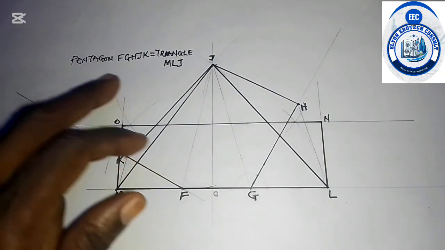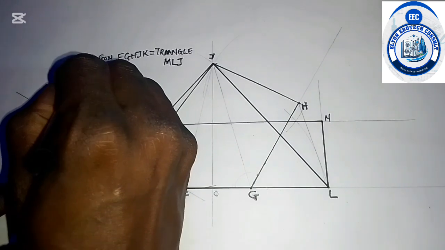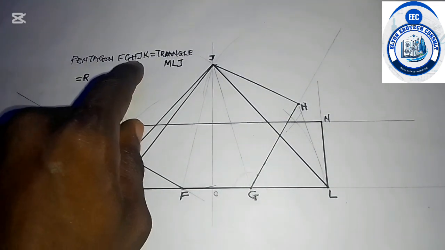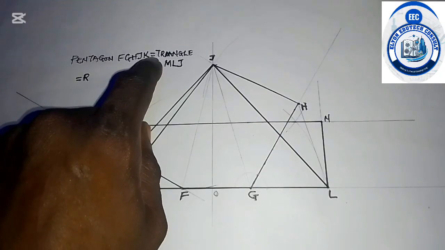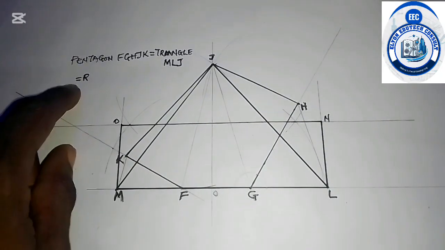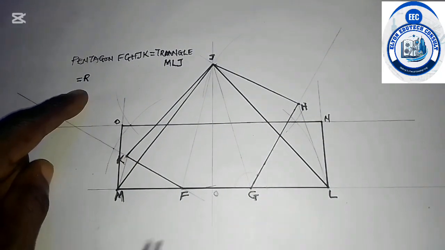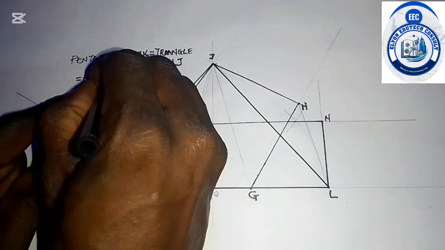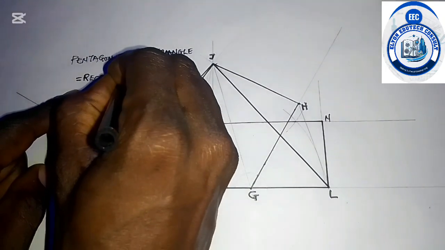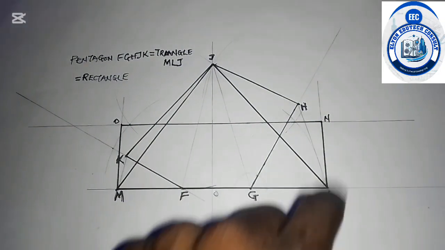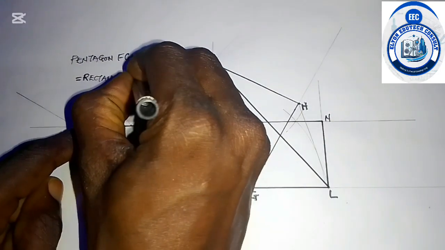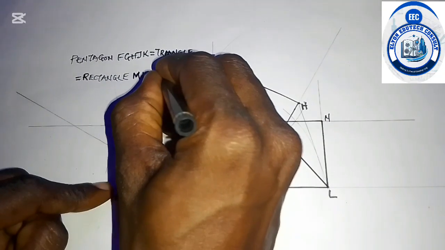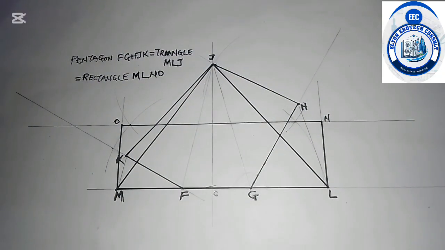Which is also equal to, pentagon FGHJK is equal to triangle MLJ, which is also equal to rectangle MLNO, like we have it this way.